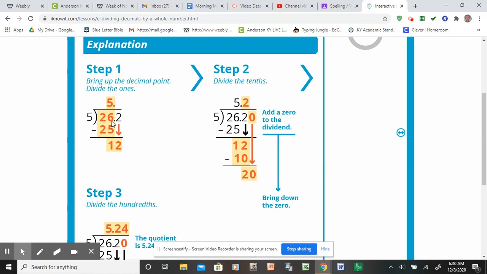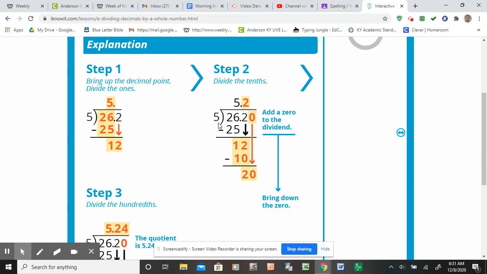How many times? 5 times. 5 times 5 is 25. That's your multiplication. Sister's next. You subtract. 26 minus 25, basically 6 minus 5, is 1. The 2's cancel out, and you have a new dividend to divide into. It's 12.